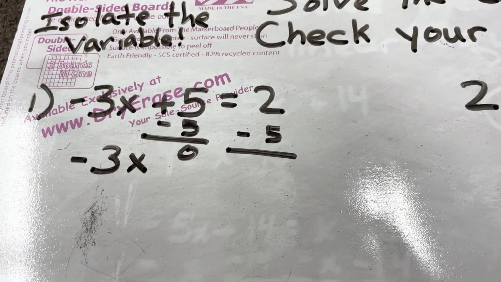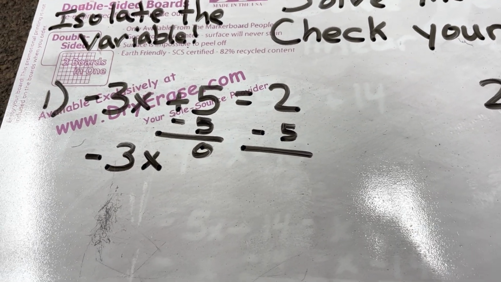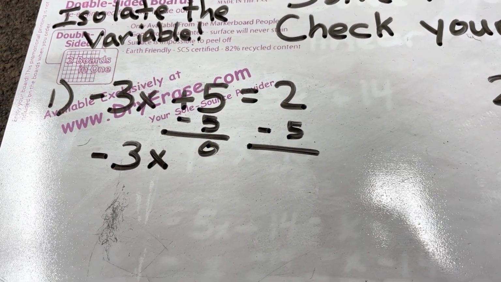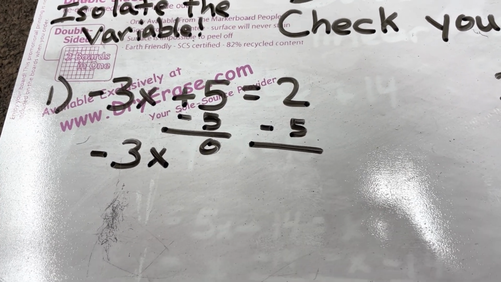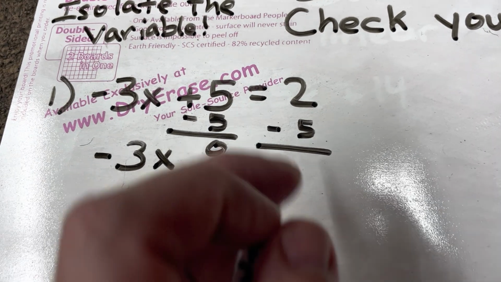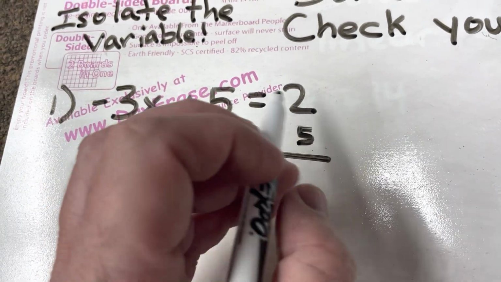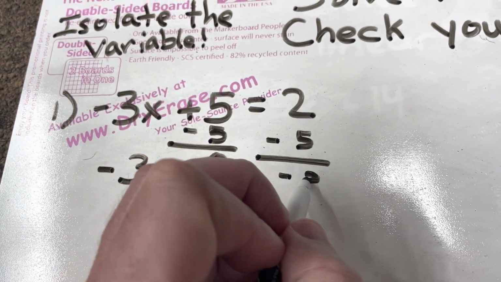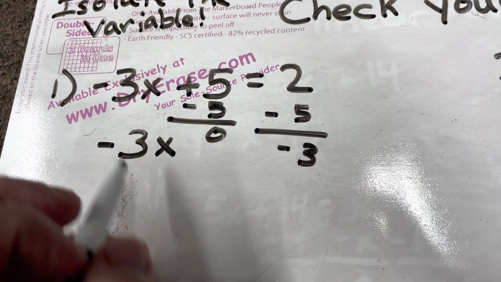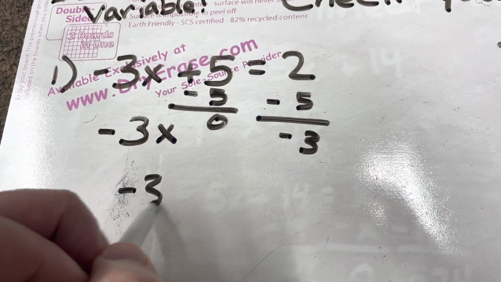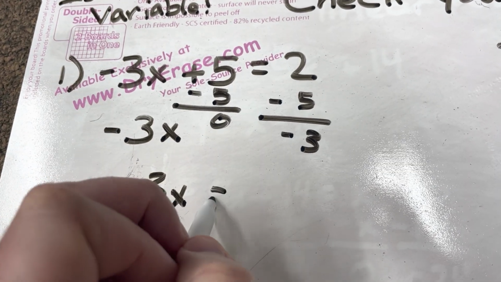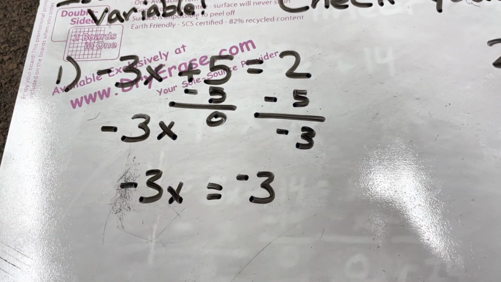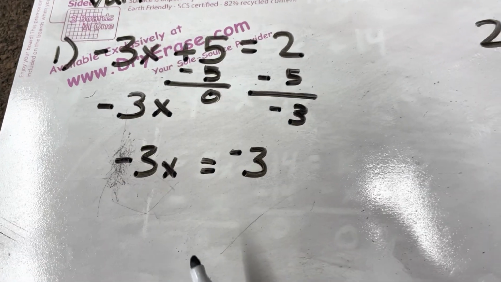Now, you can use your calculator on these, because once again, we don't want you to make computation errors. We want the errors to be because you're not understanding how to work the equation. If I do 2 minus 5, I plug that into my calculator, I find that it equals negative 3, which leaves me with negative 3x equals negative 3.